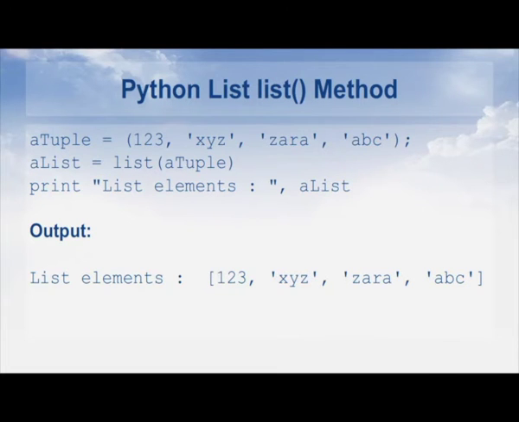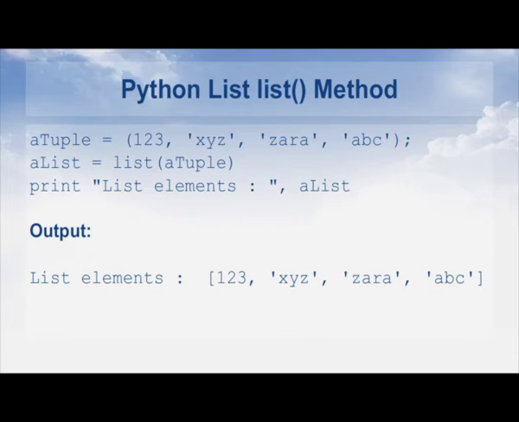Therefore, Python has given us a facility to convert a tuple to a list. In this Python code you will see that I create a tuple with elements 1, 2, 3, XYZ, Zara and ABC, some strings, and we convert that tuple by calling the list function and passing this tuple as an argument.